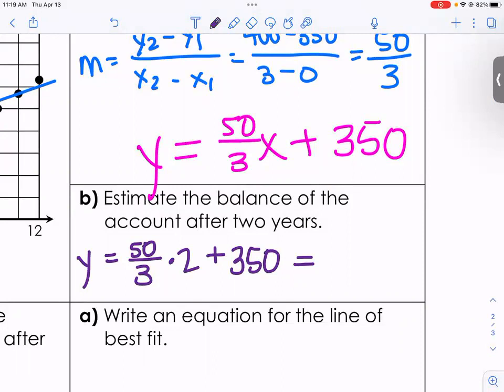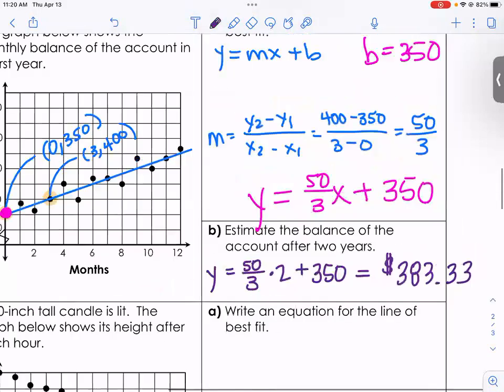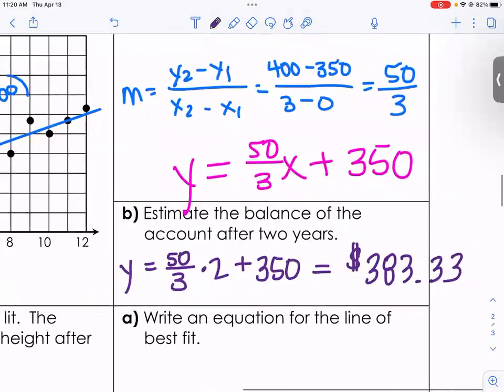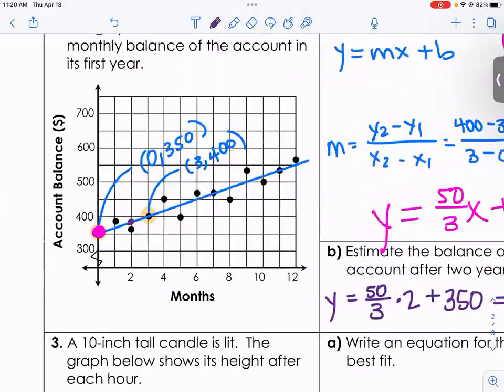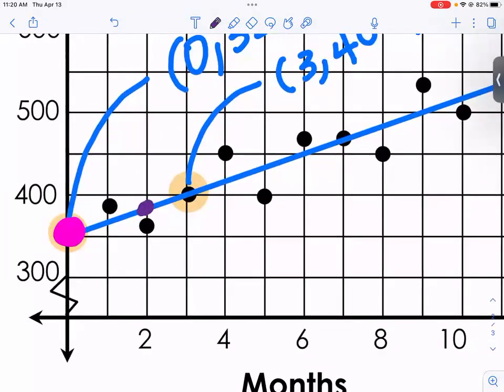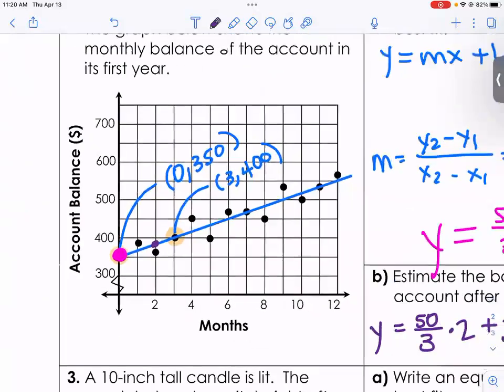Plus 350. I got 383. Yeah, that's what I got too. Yeah, that's right. Now let's look at our graph. Does it look like 383 sounds reasonable for 2 months? Yeah, I think so. After 2 months.